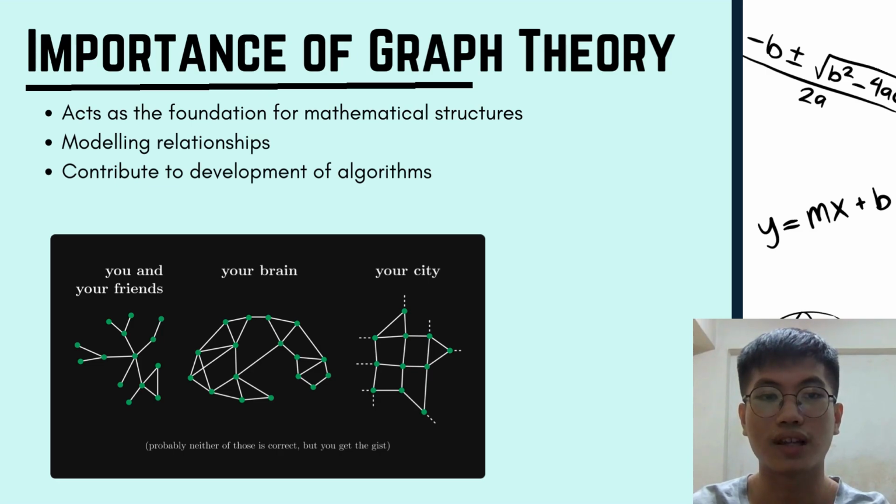So, why do we study graph theory? For starters, it acts as the foundation for mathematical structures by offering a framework and tools for solving a variety of problems. Objects and entities can be represented as vertices in a graph, with relationships between them modeled as edges.